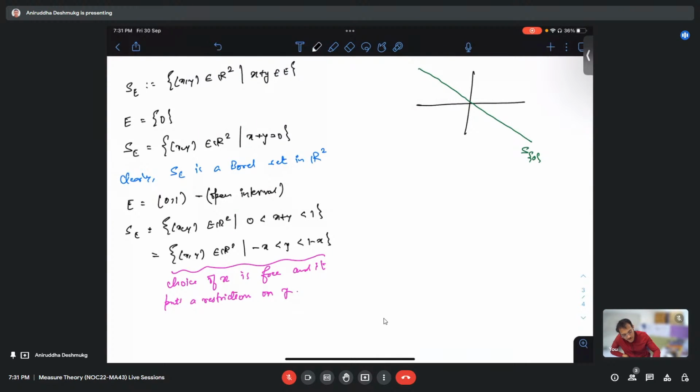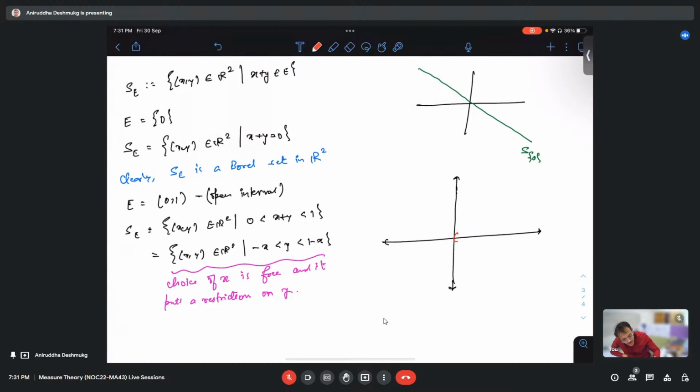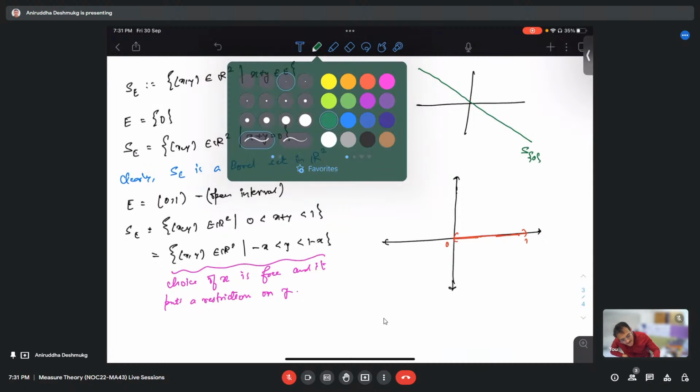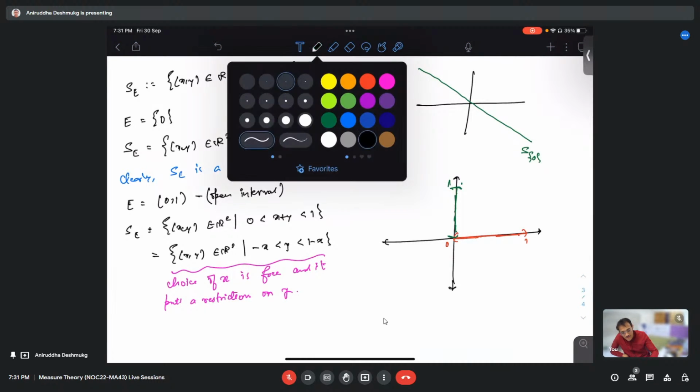So again, let us try to draw it. How does it look like? So again in R2, the interval (0,1) will look like something here, 0 to 1. Let me draw the same interval on the y-axis as well. So it will start here, it will perhaps end here with a vertical line. Now, let us start fixing some x's.